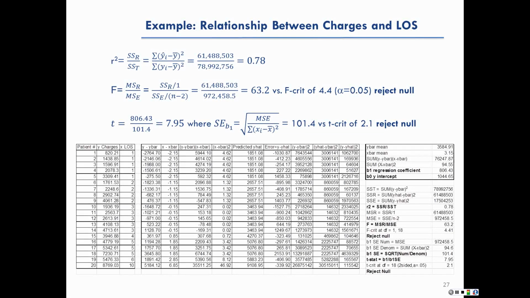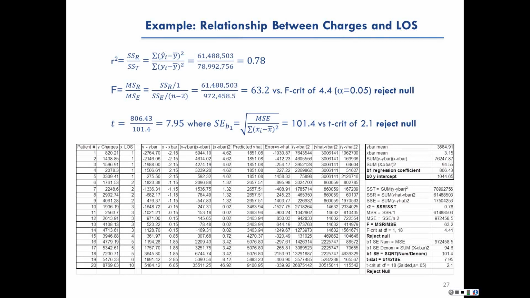SSE comes out to a little over 17 million. You're dividing that by n minus 2 to get 972,458. The F statistic is then simply MSR divided by MSE, so 61 million divided by 972 some thousand.